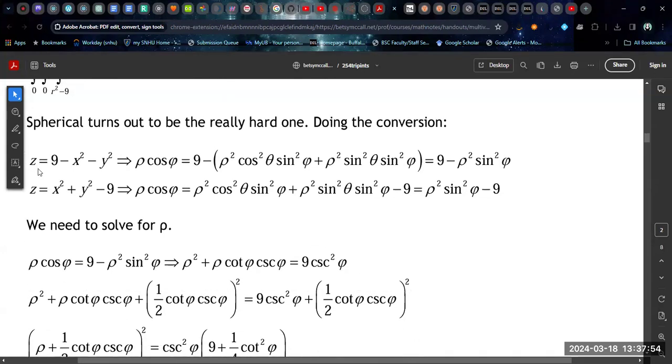So first we have to convert our coordinates into spherical. So we have to transform all of them. And what we end up with is rho cosine phi is equal to 9 minus rho squared sine squared phi. And rho cosine phi is equal to rho squared sine squared phi minus 9. But then I need to solve for rho.